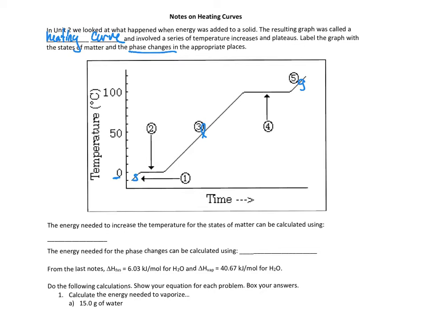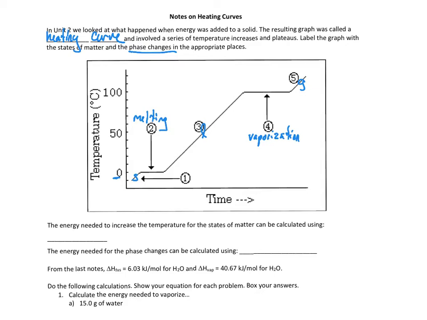The horizontal lines, sections 2 and 4, are when we are changing those states of matter. Those are our phase changes. To go from a solid to a liquid, section 2, that is melting, and to go from the liquid to a gas, that is what we are going to refer to as vaporization.